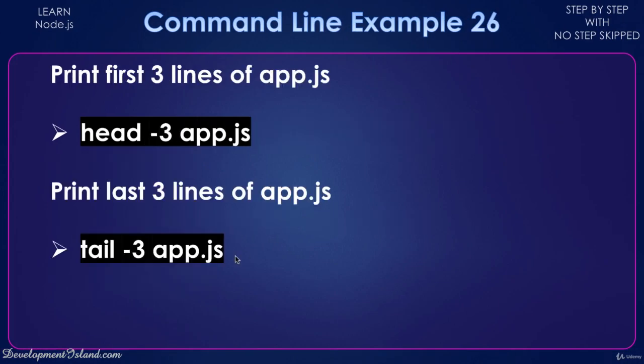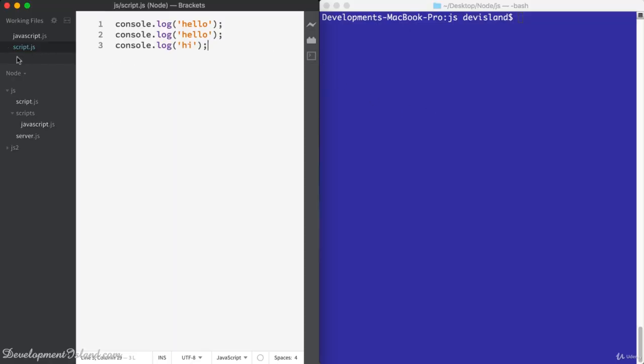All right, so the next one, you can print only the first n lines of a certain file or the last n lines of a certain file using the head and tail commands. So let's try head and tail on our script.js file. So first, let's add some more content to our file.